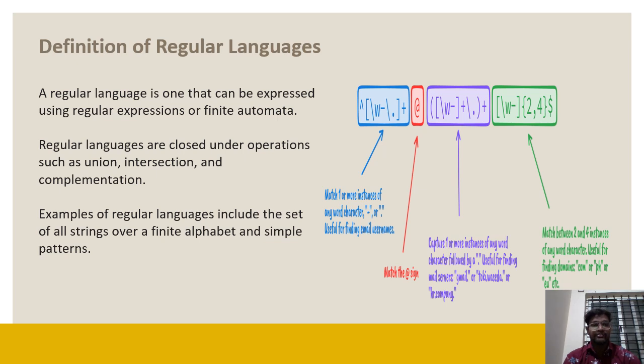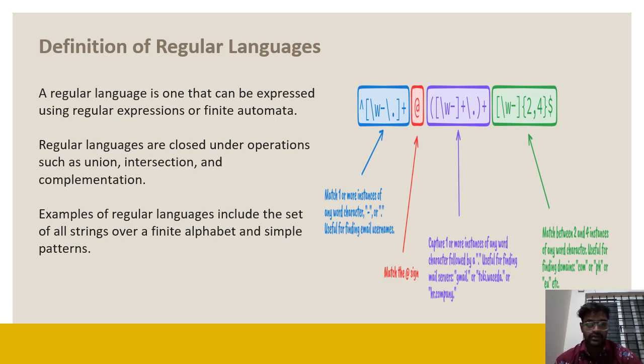The next is the definition of regular languages. A regular language is one that can be expressed using regular expressions or finite automata. Regular languages are closed under operations such as union, intersection, and complementation.